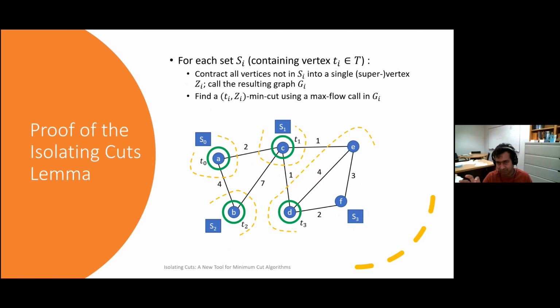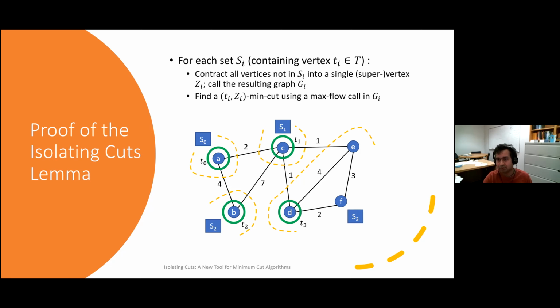The ith algorithm keeps Si uncontracted, maintaining it as is, but contracts everything else outside. For example, if I'm running it for S3, I will keep DEF, that part of the graph, uncontracted, but contract S0, S1, and S2, so A, B, and C, into a single vertex.